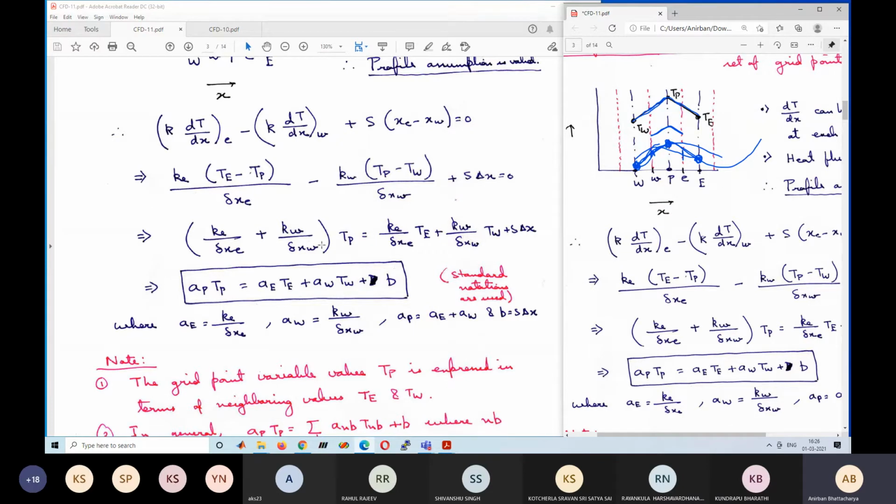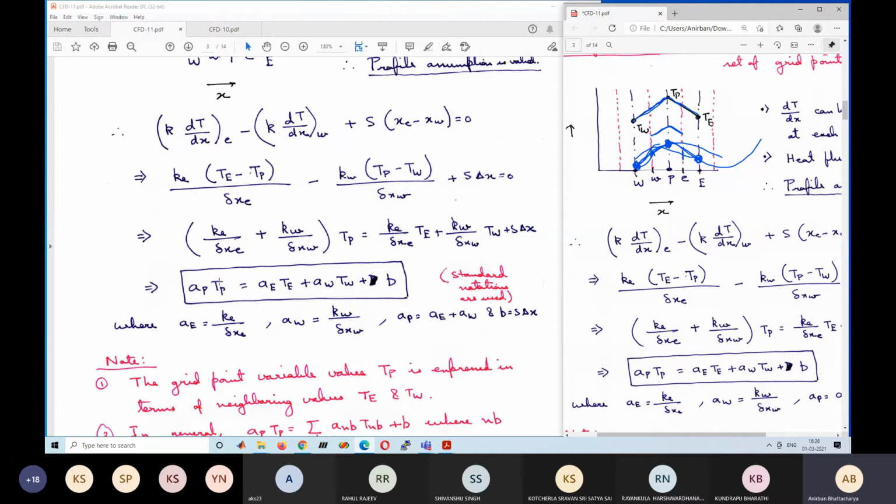What is the advantage of writing it in this form? We now have a linear algebraic equation for the grid point P in terms of its neighboring points. If we derive a similar equation for n grid points, we will have n equations and n unknowns, and we can solve them to obtain the n unknown values. What are the n unknowns?